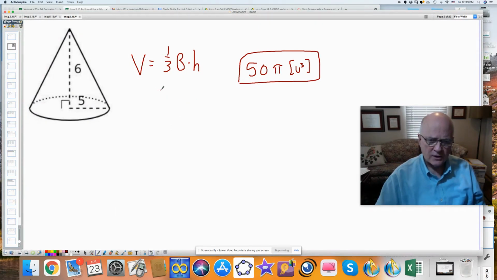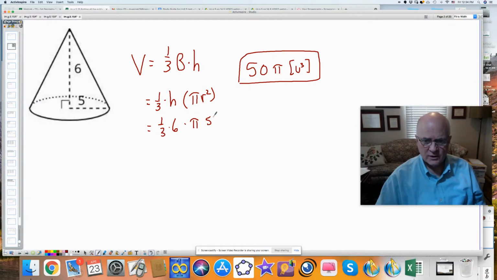The area is pi r squared, and I'm going to put the h on this side of the equation so that when I substitute values, it makes a little more sense: 1/3 times 6 times pi times 5 squared. Well, 1/3 of 6 is 2, so I have 2 pi times 25, which is 50 pi.